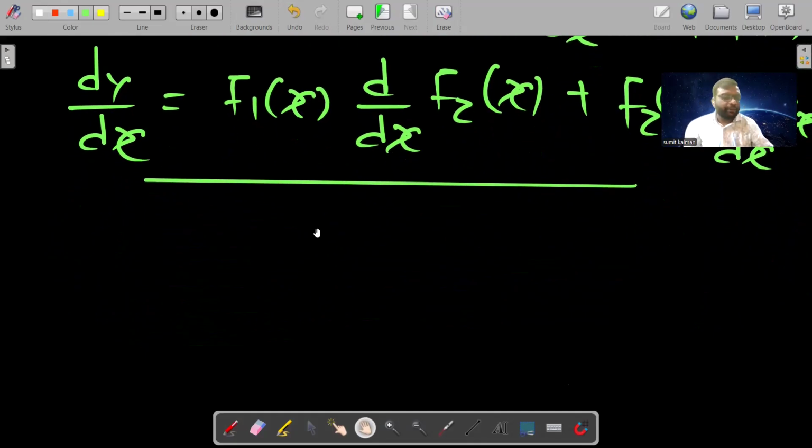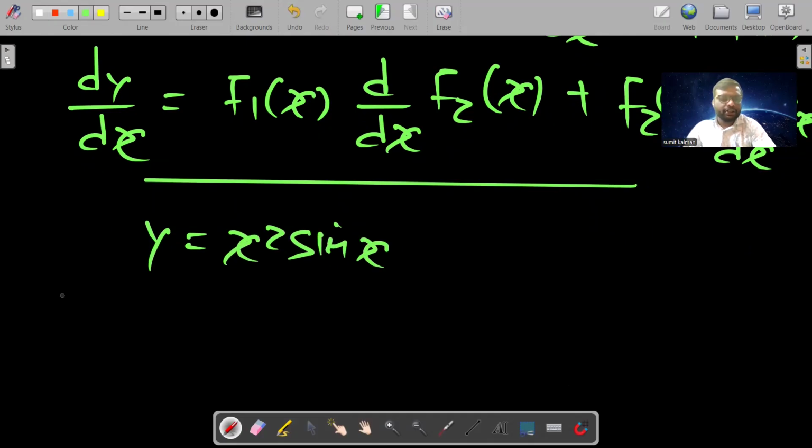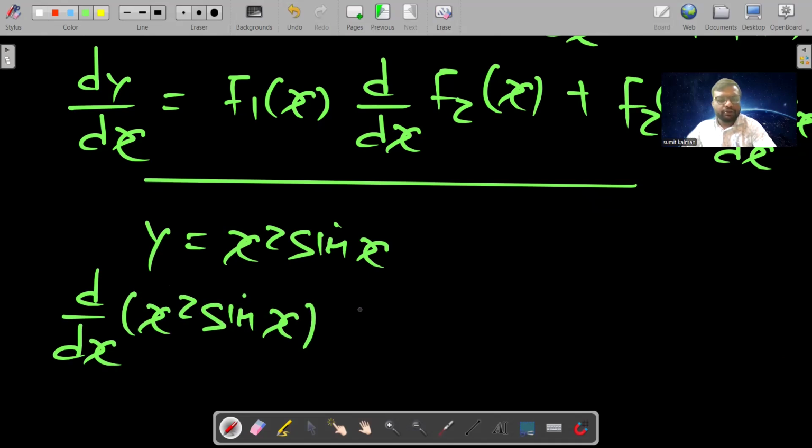We will see one example. Suppose we have y is equal to x square sine x. Then how to find its differential coefficient? d upon dx of x square sine x is equal to, first function is what? Here I am taking x square as the first function and sine x as the second function.